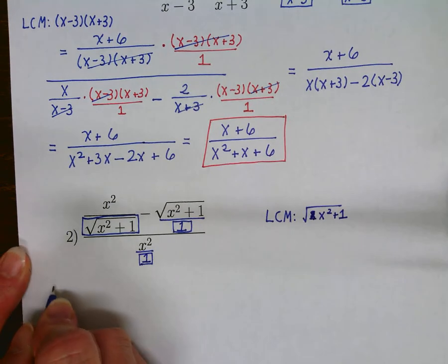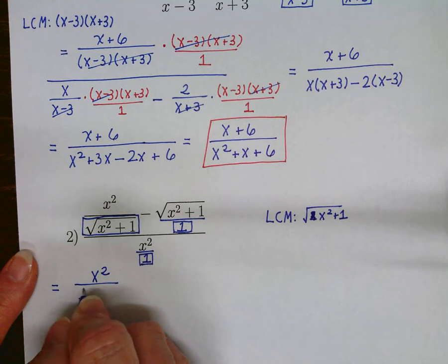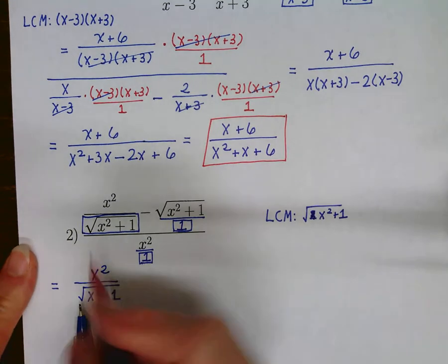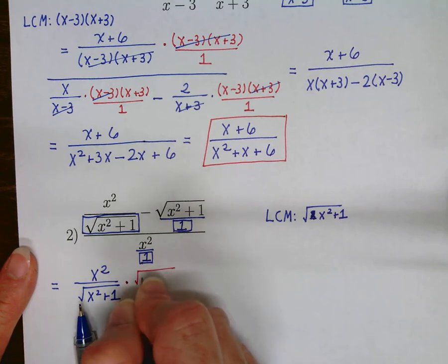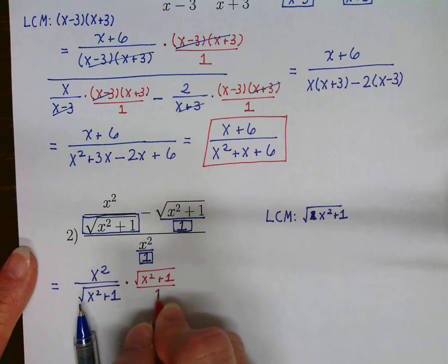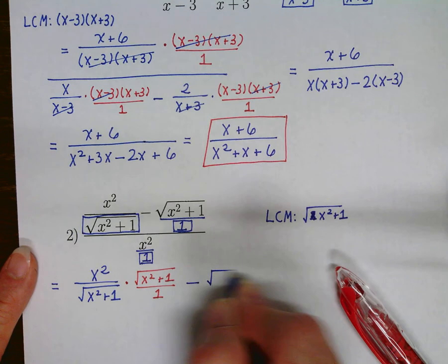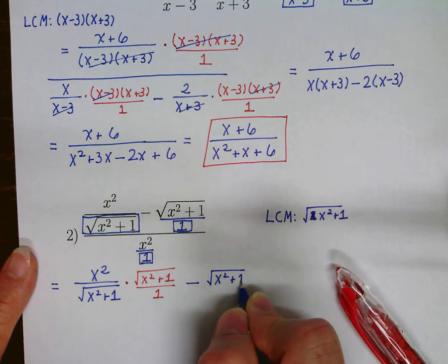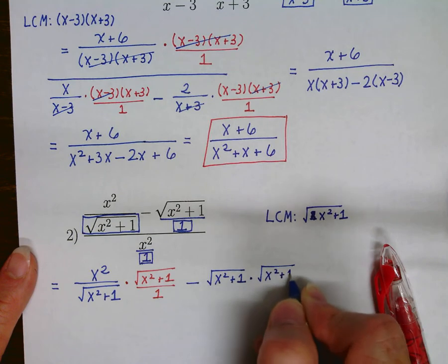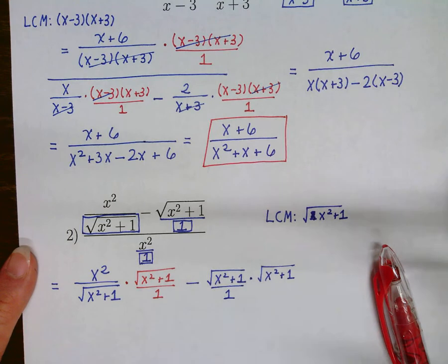Okay, so now I multiply each term by that LCM. And again, think of that as being over 1 if that helps. Now look at the second term. It's just the square root of x squared plus 1 times the square root of x squared plus 1. And again, if you like, think of those as both being over 1.